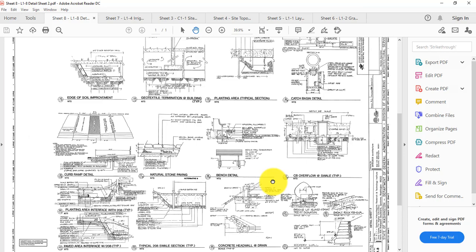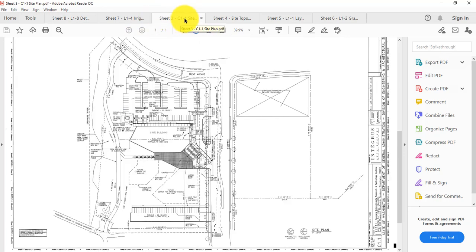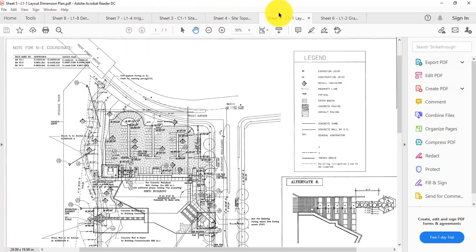It takes a little bit of practice, but I think understanding that you have some plans in place that have specific details, or specific items on them, and then details here. So each one of these details has a number, and you'll see that number on whatever sheet these are on. Sheet number 5 has most of them right here.